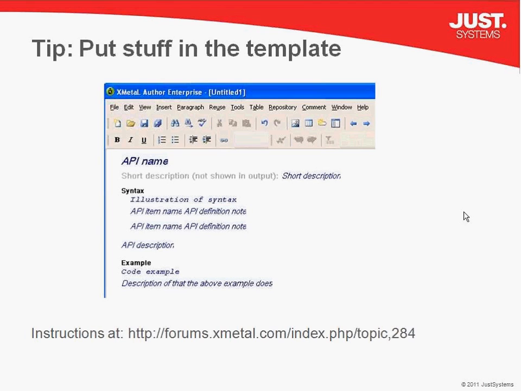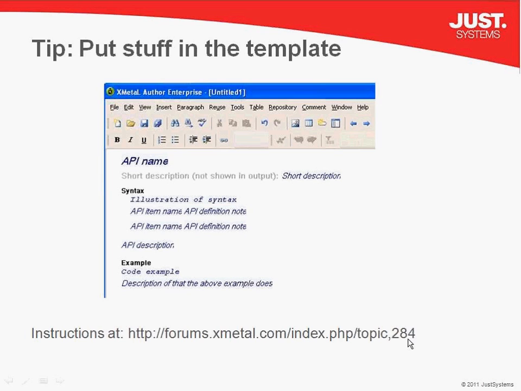So rich templates that have a few element types that people will need just to get them going, that have this instructional text. The instructional text, by the way, if somebody forgets to remove it, is not going to appear in output. So it's kind of magical that way. It only appears on the screen, so the only person who will see it is the author. So it's a really nice feature of XMetaL to exploit.